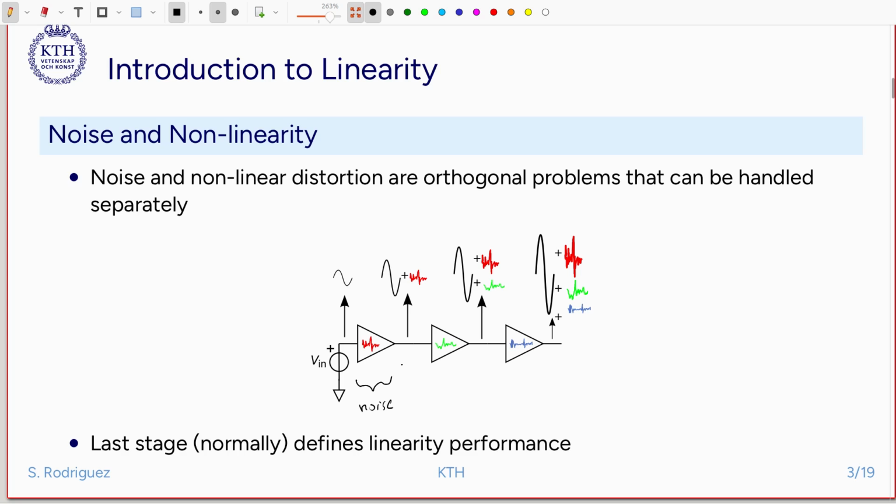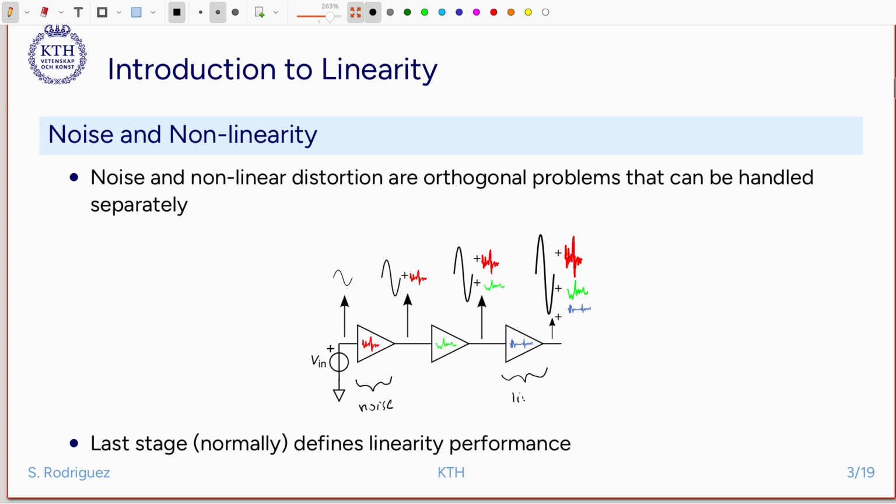A similar observation: the amplitude of the signals at the output of the last stage is normally very large in comparison to the previous stages, and it is the last stage that is going to define the linearity performance of the whole system.